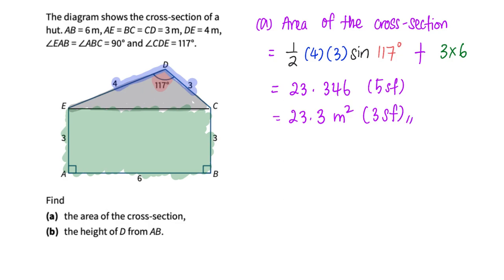As for part B, the height of D from AB, let me just draw that out. This will include 3 here, followed by this length, which we could get easily because this happens to be the height of the triangle EDC.